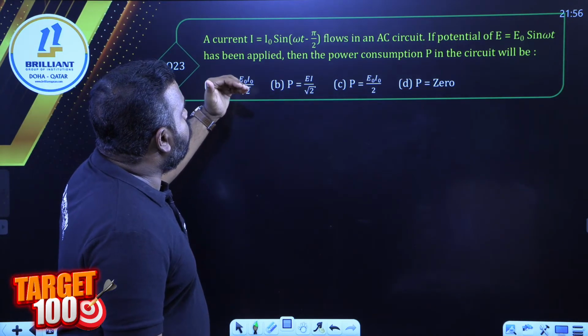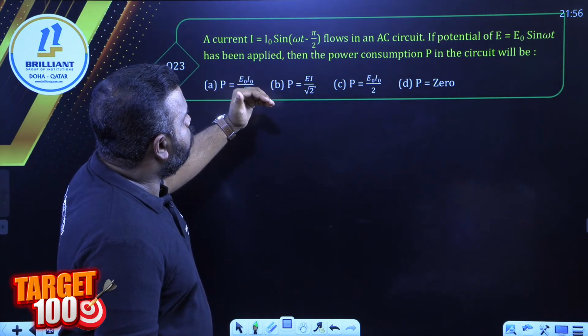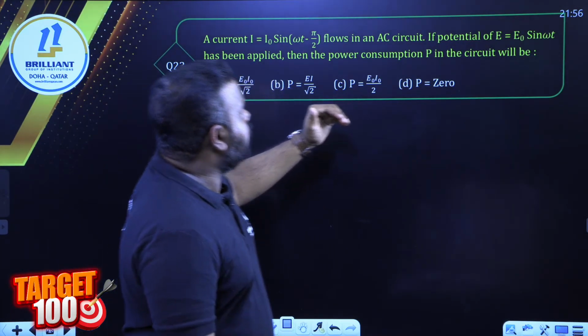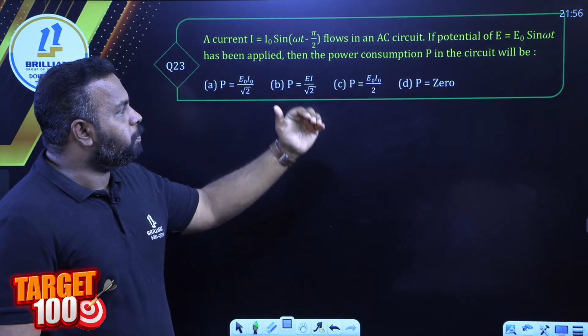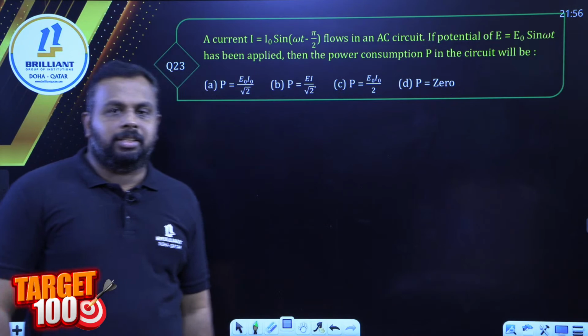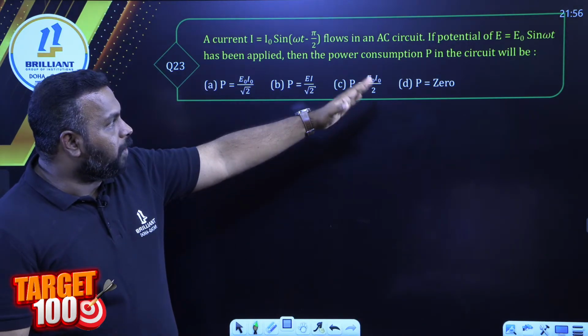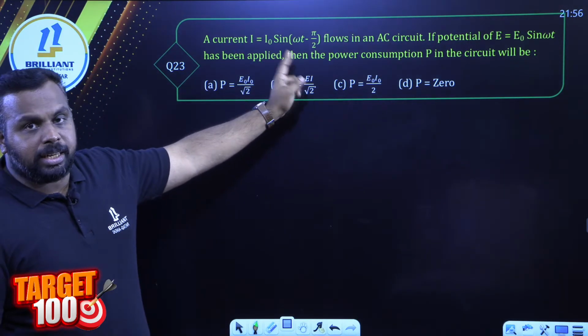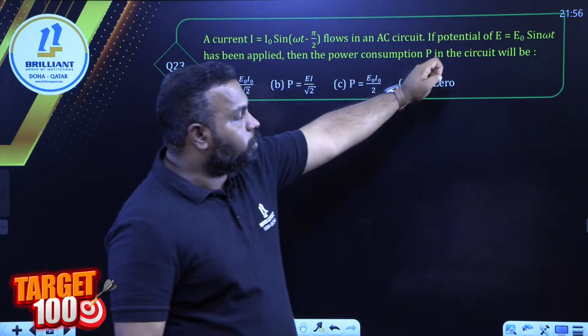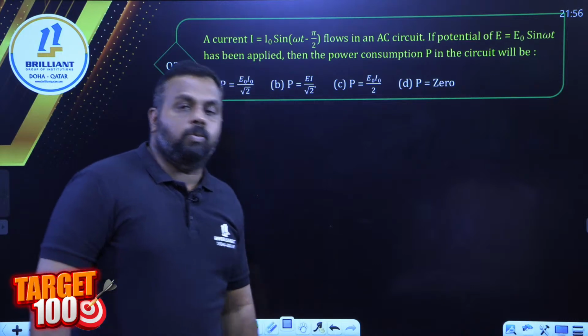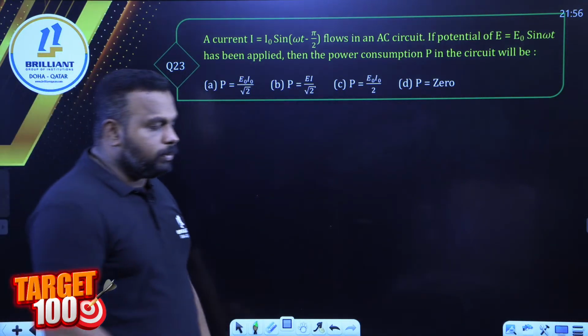Question number 23. A current I equal to I naught sine omega t minus pi by 2 flows in an AC circuit. If potential E equal to E naught sine omega t has been applied, then the power consumption P in the circuit will be. Can you please answer it quickly?